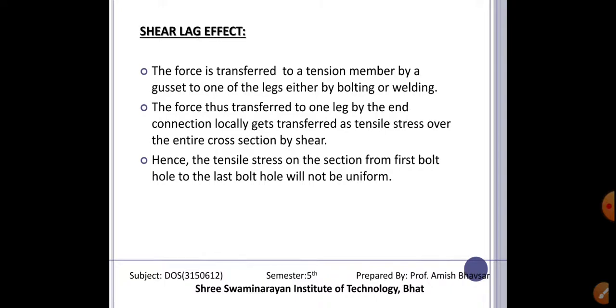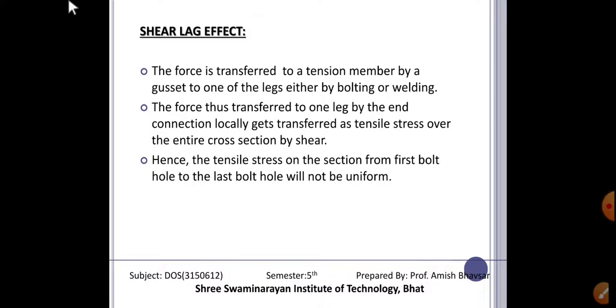Whenever we connect any member with another member with the help of bolts, the stress induced in a member is equally spread on both sides, but in an eccentric connection, the stress is transferred from one point to another point.